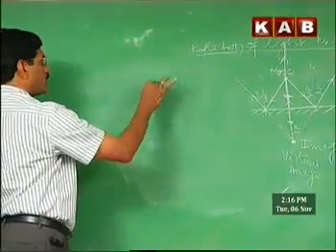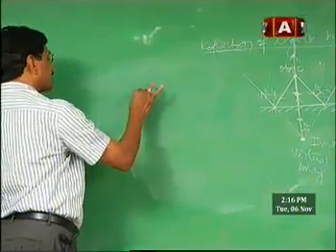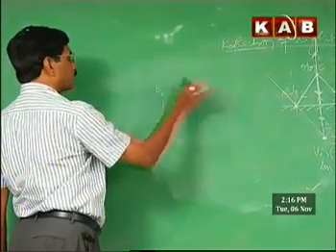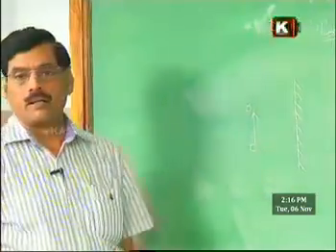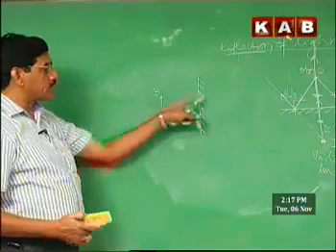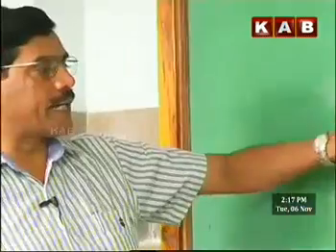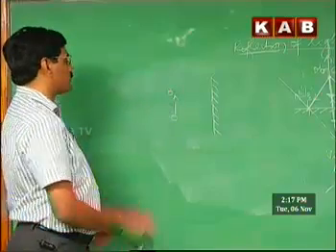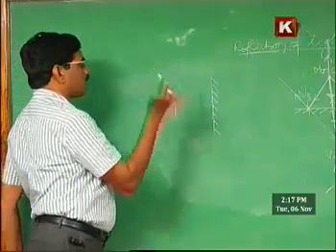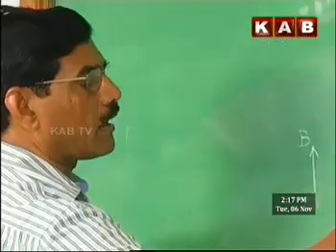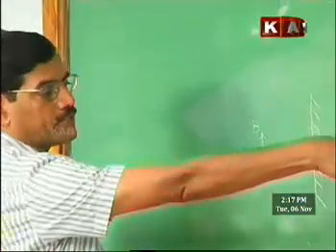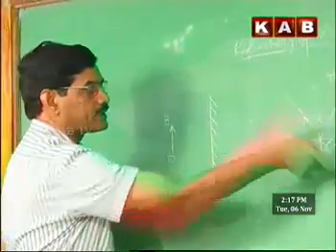Similarly, if the object is an extended object in front of the mirror, how do we construct its image? Any extended object can be considered as made up of many point sources. A ray coming here produces an image as we have seen, this distance equal to this distance.